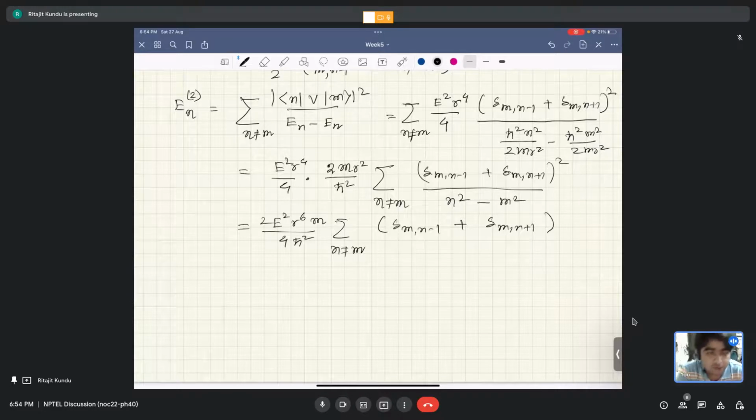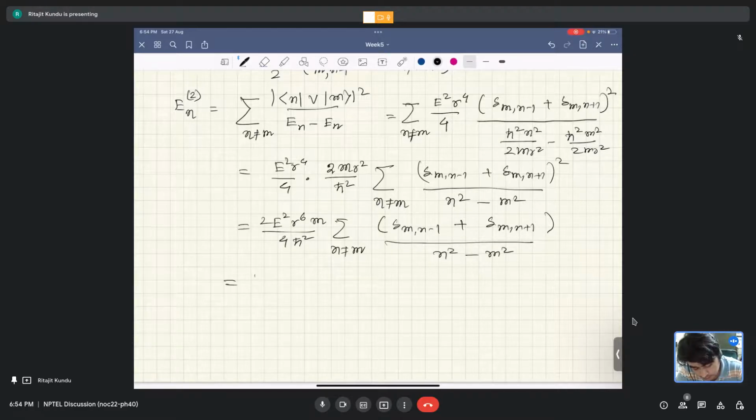The square of these delta functions: any Kronecker delta m comma n, if you just square it, becomes just delta m comma n. These are special properties of the Kronecker delta, and any other cross term goes to 0 basically, because that would imply two conditions which cannot be satisfied for the same m and n.